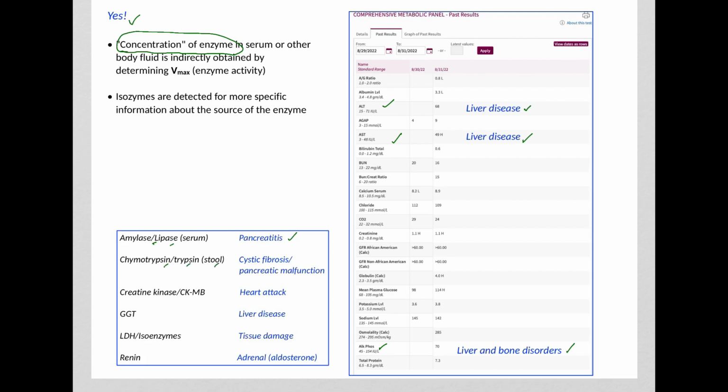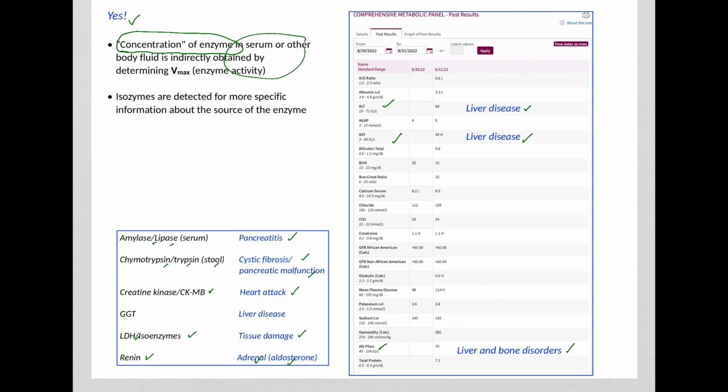Chymotrypsin and trypsin in stool samples are used in cystic fibrosis and to determine pancreatic function. Creatine kinase and its isoenzyme is useful for heart attacks. LDH and its isoenzymes are for diagnosis of various disorders. And the enzyme renin is helpful for any problems at the adrenal gland, especially with aldosterone secretion.